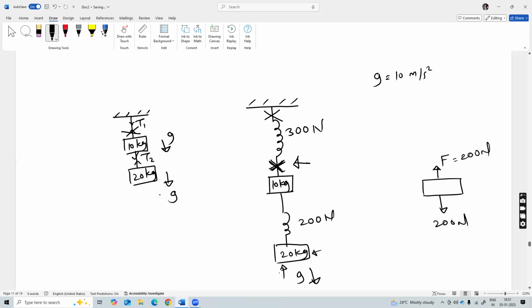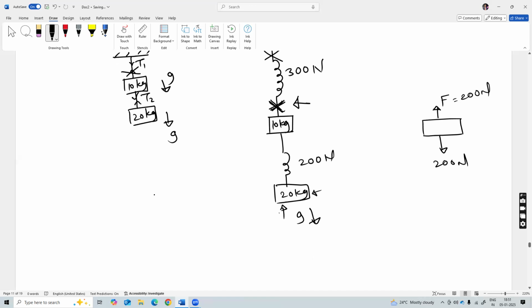Whereas if you consider this 10 kg mass, before cutting this spring, it was subjected to the tension in this spring, T2. Its weight was acting downward, let's say mg, and there was a tension in the first spring, T1. It was in complete balance, in equilibrium, not moving in any direction.